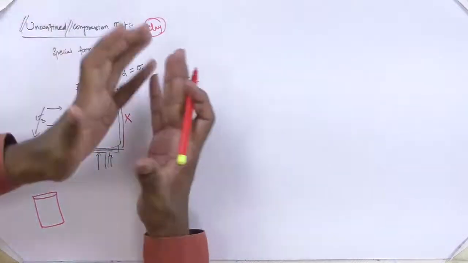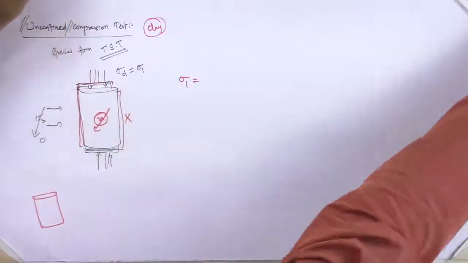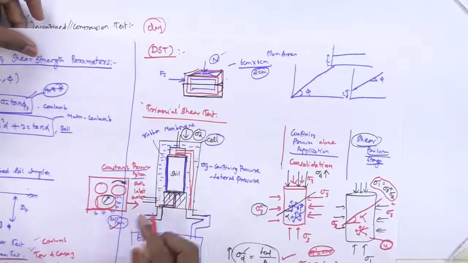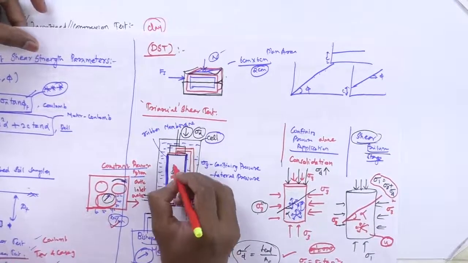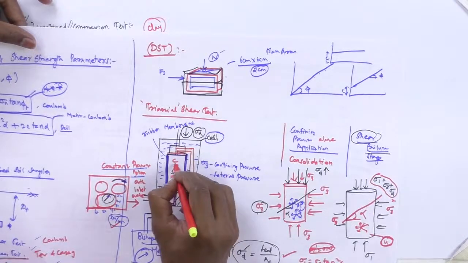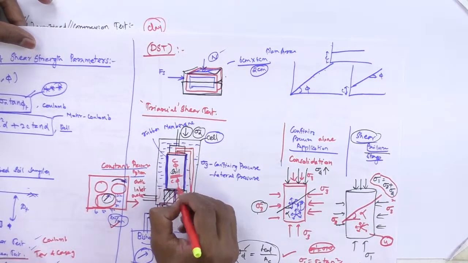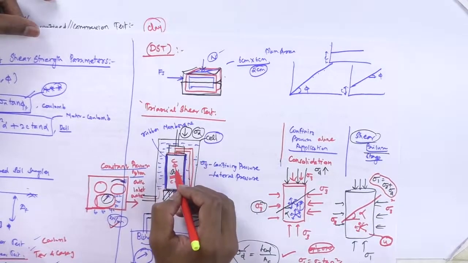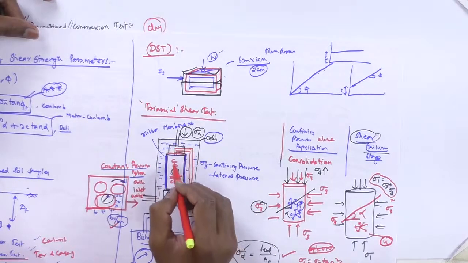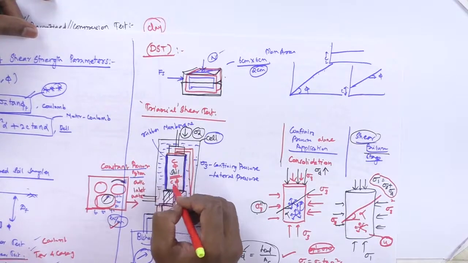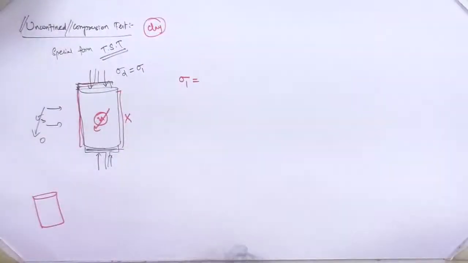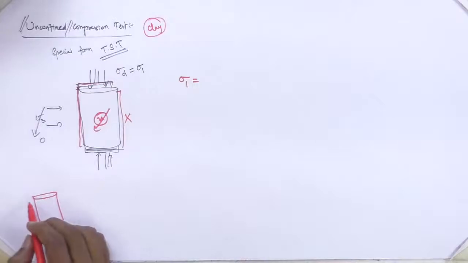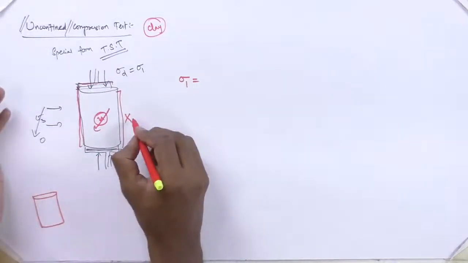You cannot use sand for this test. In the triaxial test, the soil may be sand, clay or c-phi soil, because it is in a membrane; you can fill sand in the membrane and form a specimen. But here there is no membrane.